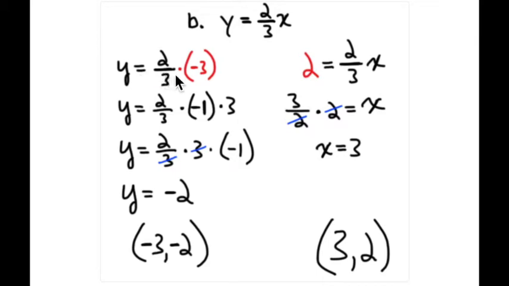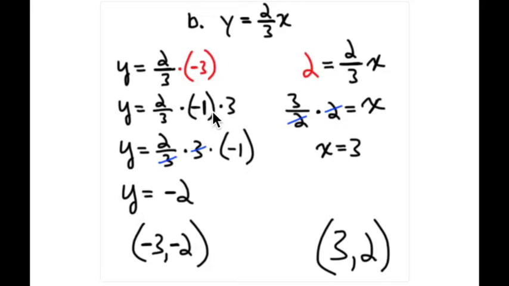So 2/3 times -3. These 3's can factor out -1 times 3. These 3's cancel, and you're left with -1 times 2. Well, the opposite of a positive 2 is -2. Up here, the opposite of a positive 3 is -3.